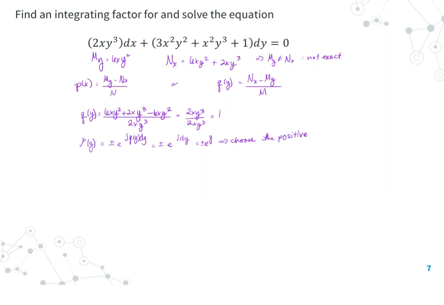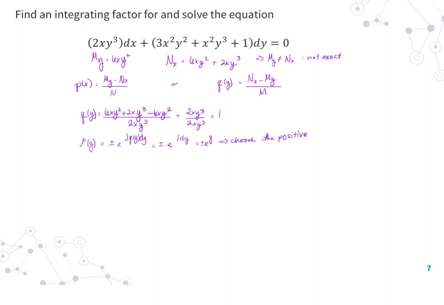So when we take N sub x, 6xy squared plus 2xy cubed, and we take away M sub y, 6xy squared, and we divide it by M, 2xy cubed, we find out that we get 2xy cubed over 2xy cubed, which just equals 1.